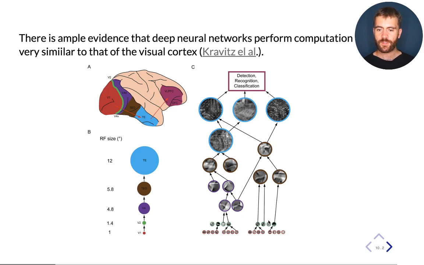So in that sense, biological neural networks tend to also be deep, and they also tend to encode these hierarchical representations, and so in that sense, deep neural networks behave surprisingly similarly to biological neural networks.